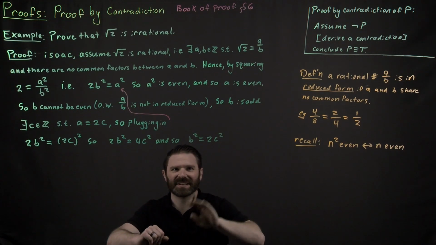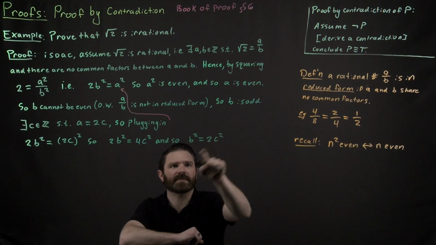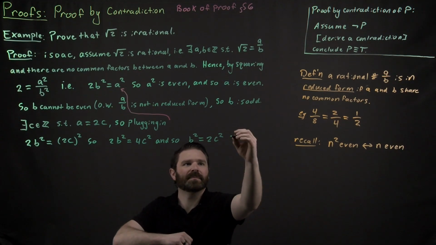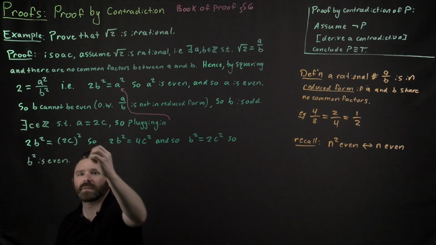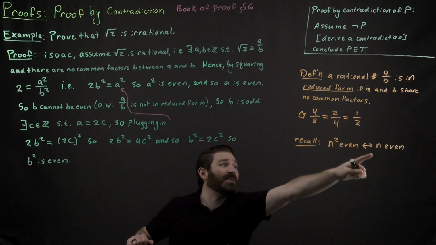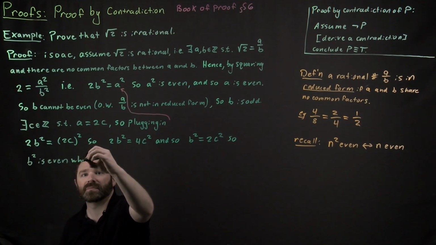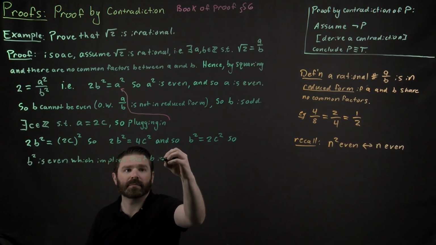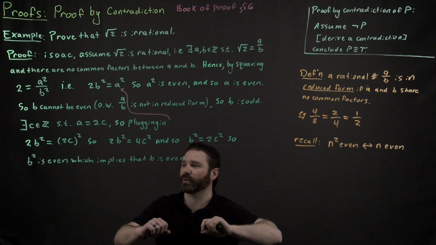So b squared equals 2c squared. 2 times another number. That means b squared is even. But we already know that if b squared is even, that implies that b is even, relying on this previous fact that we proved.